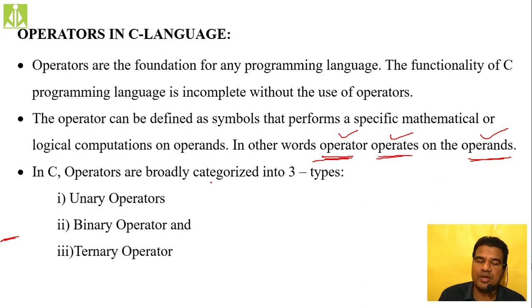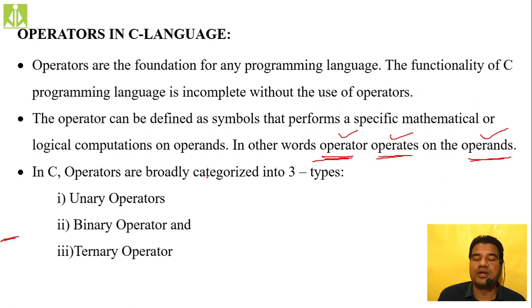How many types of operators do we have? Three types of categorization. We start with unary: the operator which requires only one operand to perform its operation. There are operators which require two operands, and there are operators which require three operands.